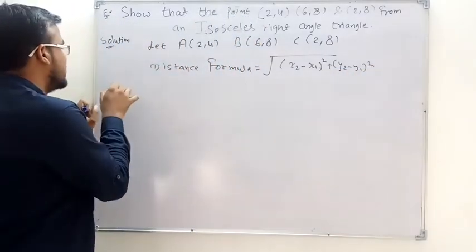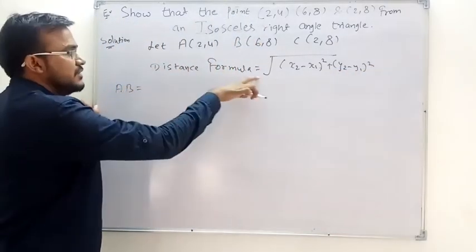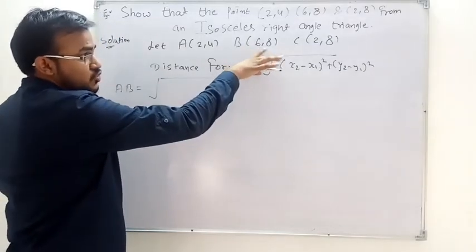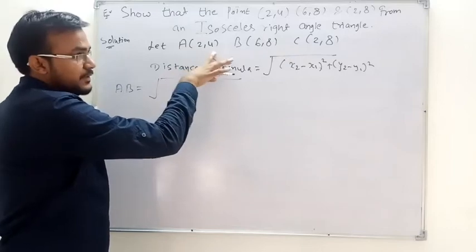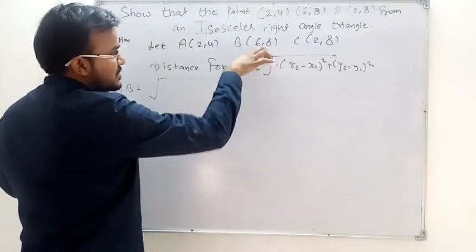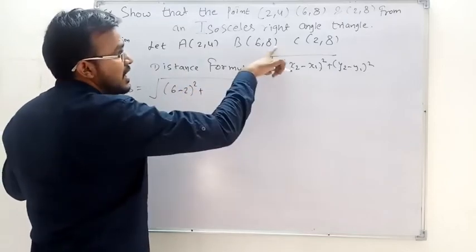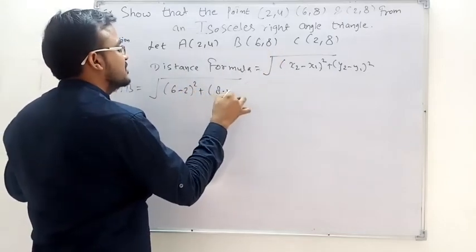First we find the distance of AB using the same formula. Here the B side is x2, y2 and the A side is x1, y1.